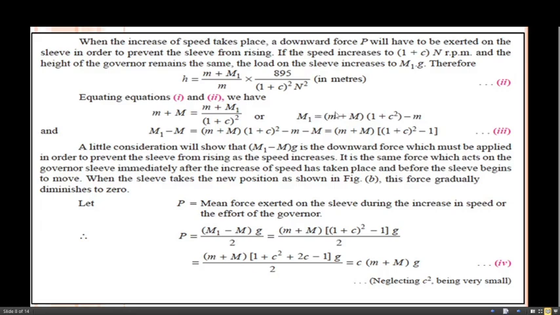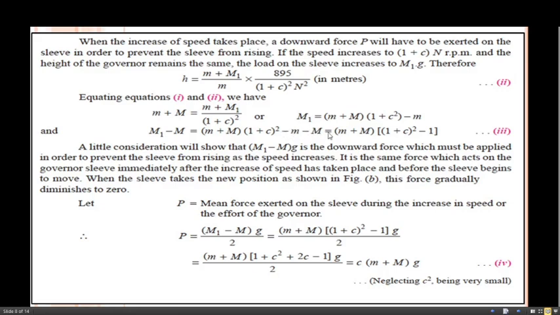So adjust minus m on both sides, then what we get here: M1 minus m equals (m plus capital M) into (1 plus c) whole bracket square minus m, this minus capital M. After this adjustment, from this minus m, take the minus sign common.